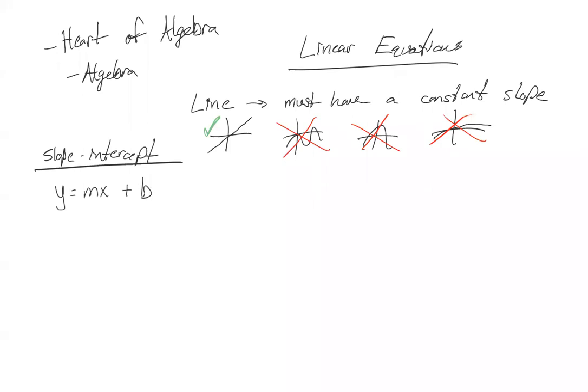It's written in the form y equals mx plus b. We've got x, y, which are points on the line. We have m, which is the slope, represented as rise over run, and we'll talk about that more in a minute.